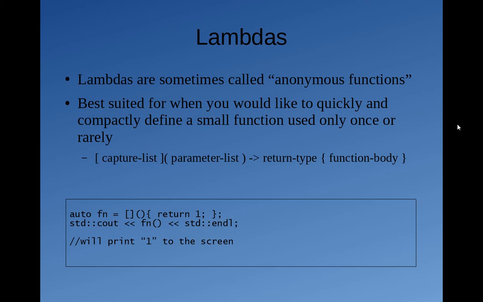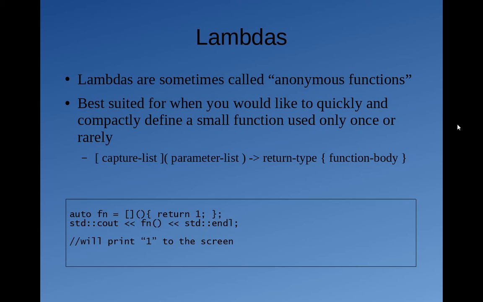And in C++11, you have lambdas, which enable you to do this. Maybe you have a comparator, or maybe you have an argument to std::for_each, where you want to define an operation to perform on each element in a container. In C++11 with lambdas, this is very easy.